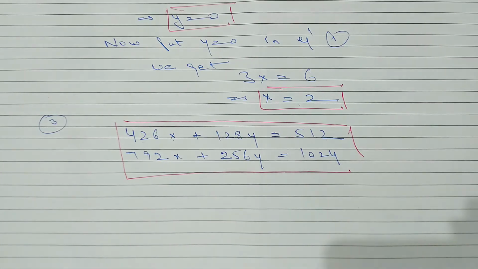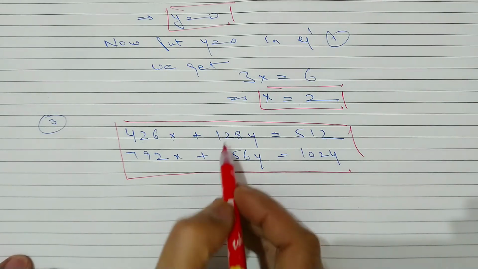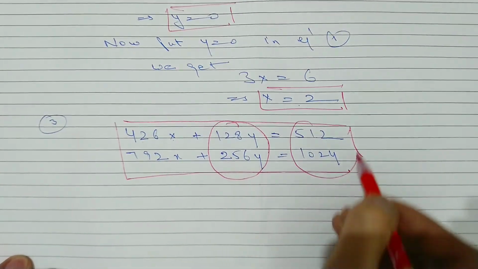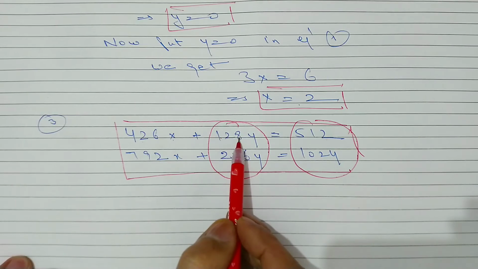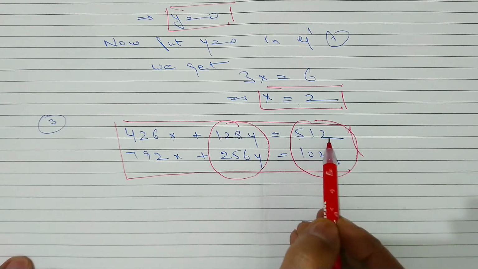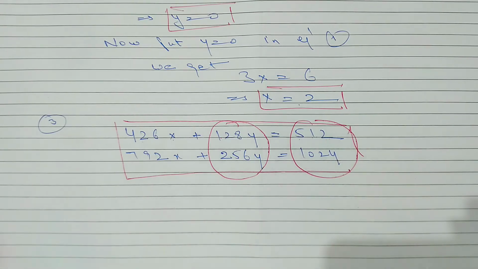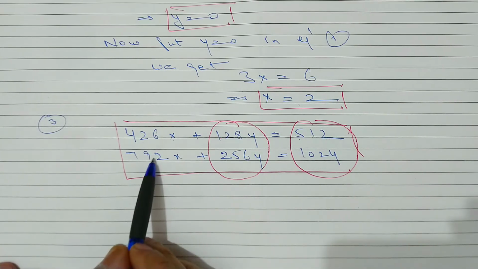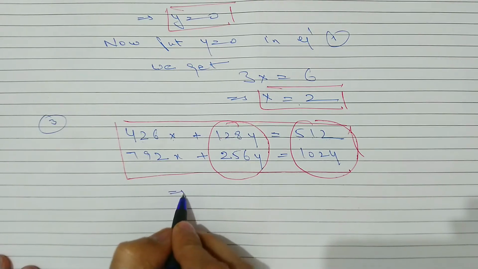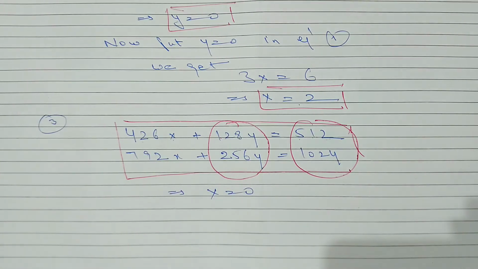Now see the ratios. Here the ratio of coefficients of y is equal to the ratio of constant terms. 128 ratio 256 is equal to 512 ratio 1024. Therefore x equals 0.